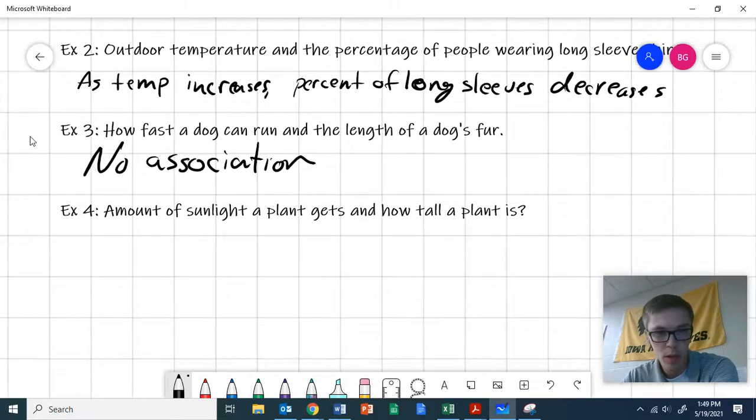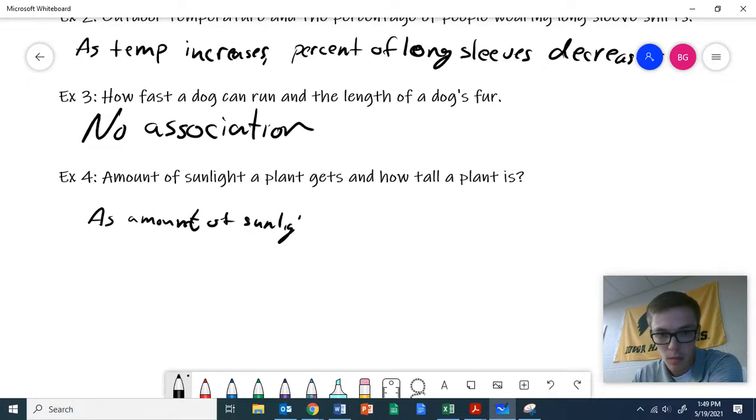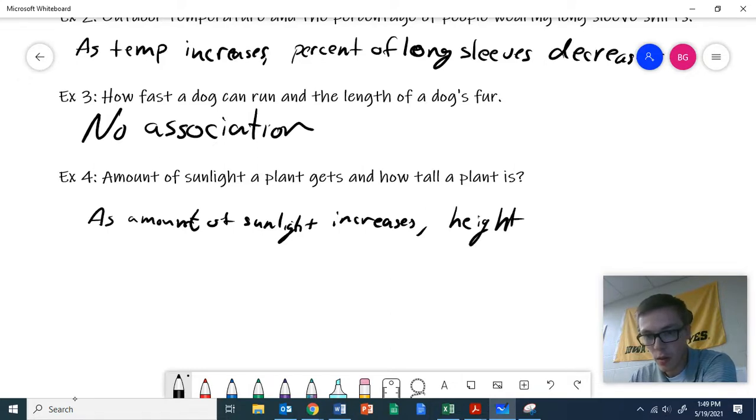Let's look at one more here. The amount of sunlight a plant gets and how tall a plant is. Same kind of question. Is there an association between these? And if so, how would you describe it? Well, this one, yes, there is an association. And the way I would describe this is, as amount of sunlight increases, the height will also increase.